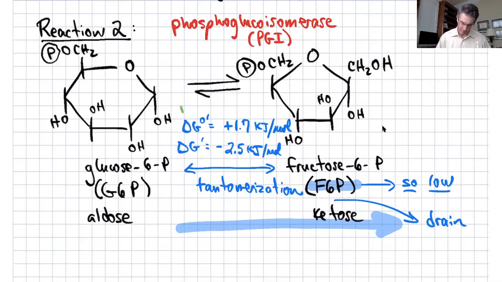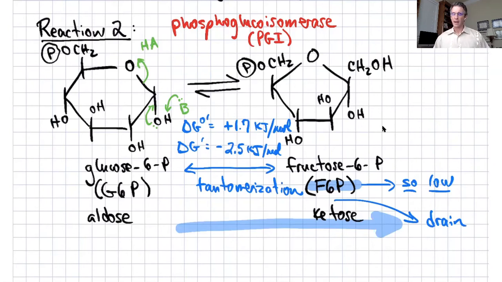Essentially, you're going to have a base here that's going to yank that proton, have these electrons flow back into that carbonyl, split that acetal bond, and we have over here a nice acid that can donate a proton, reprotonate that carbon 5 alcohol, and we've opened the ring.